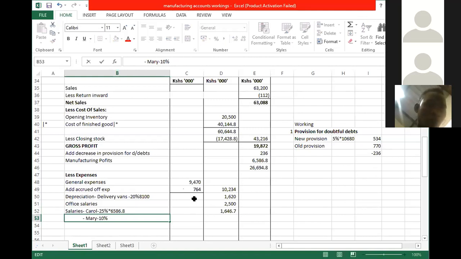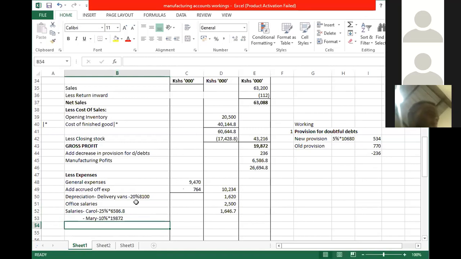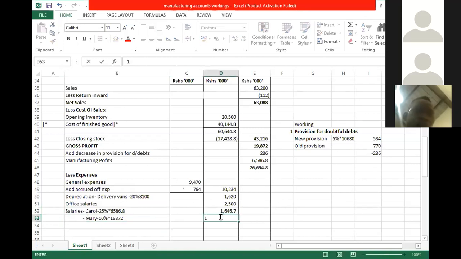So what was the gross profit? Just have to multiply by that. 10% of the gross profit, which was 19,872, right? To get 1987.2. I hope you are agreeing with my mathematics here, so that we get 17.